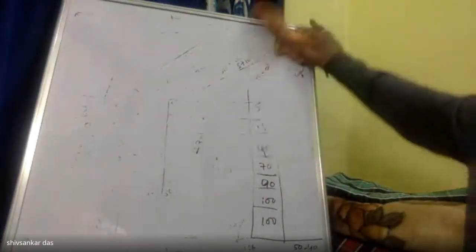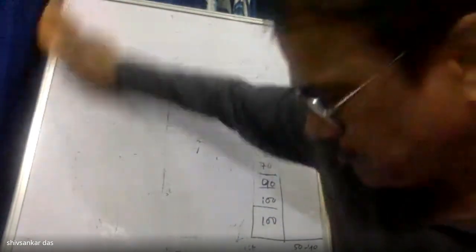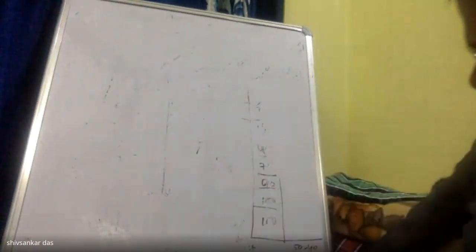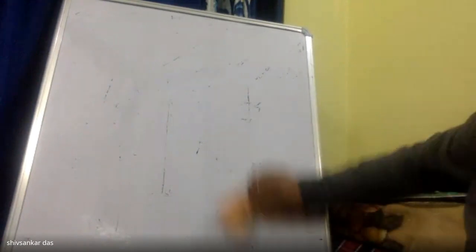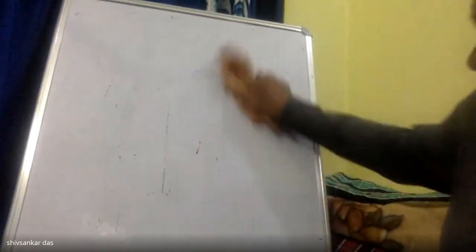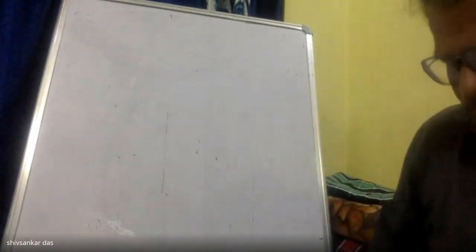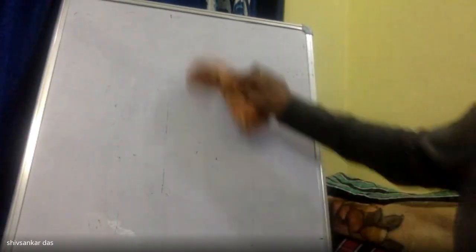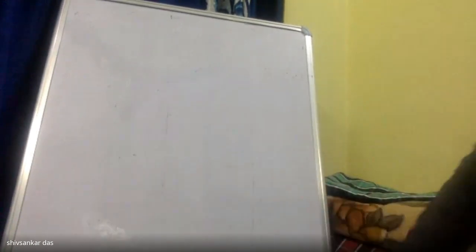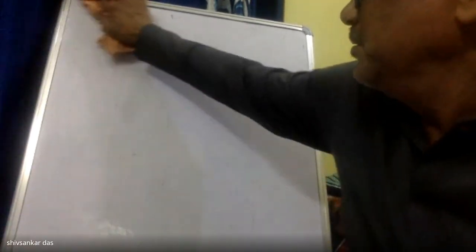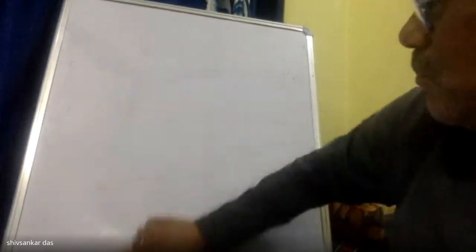Next is... any other doubts? Please tell me. Then I'll go to sampling. Tomorrow I'll take the class of probability because I'll go somewhere in the morning. So I'll take the probability class tomorrow evening.